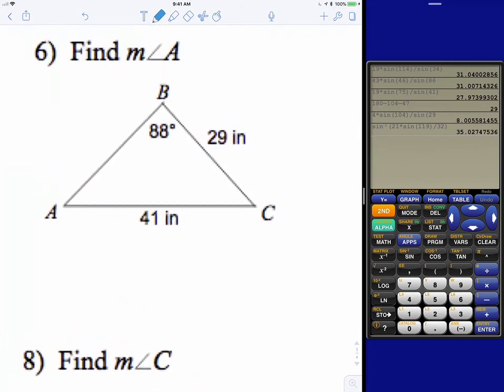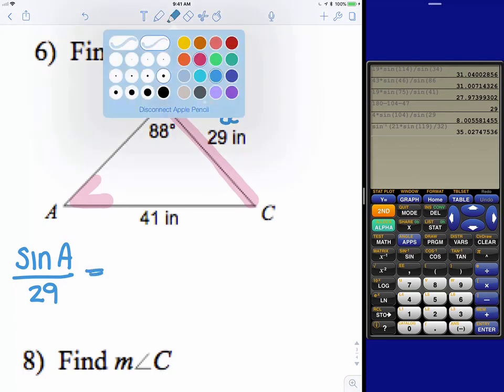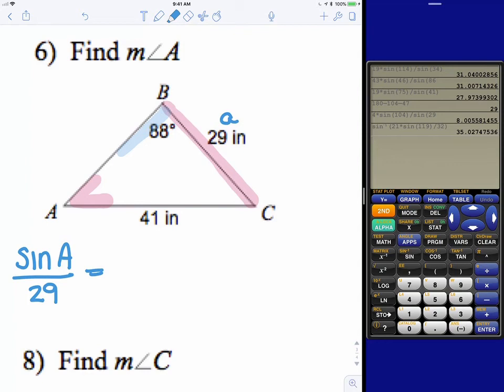So for number 6, I'm looking for the measure of angle A, and I know side little a is 29, so I can start setting up my law of sines. So sine of angle A over little a, which is 29, equals, okay, then I have the sine of 88 over 41, angle B over little b.